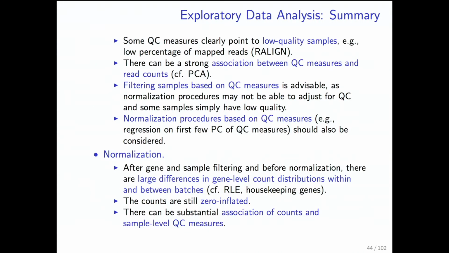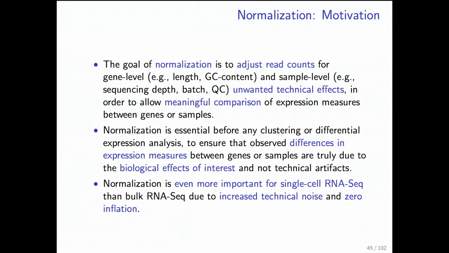So this brings me to the next topic, which is normalization. The goal of normalization is to adjust read counts for a variety of gene level and sample level technical effects in order to allow meaningful comparison of the expression measures both within and between genes and between samples. Gene level effects could be due to length or GC content. And technical effects for the samples could be due to batch, like C1 run in our case, or the QC measures.